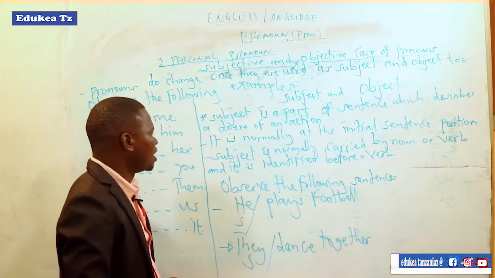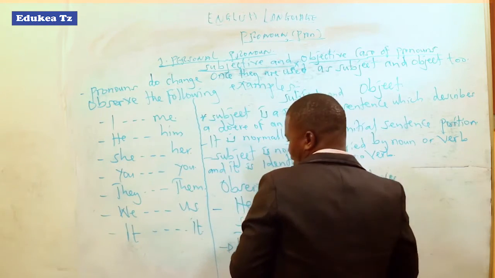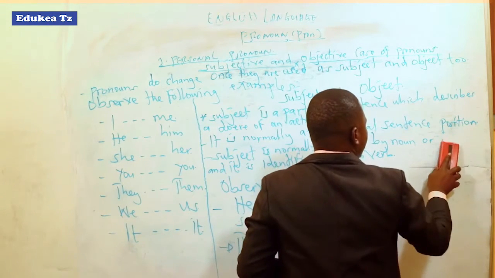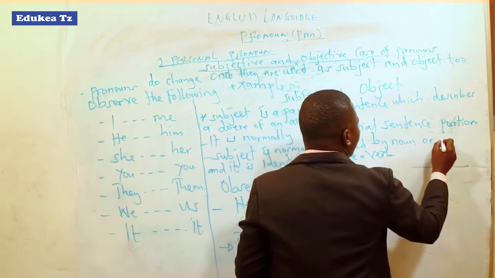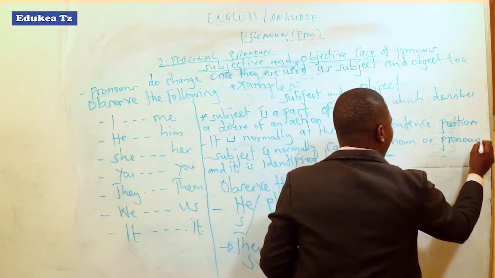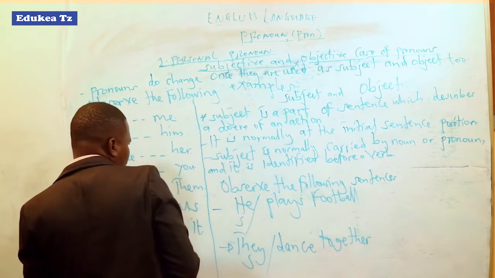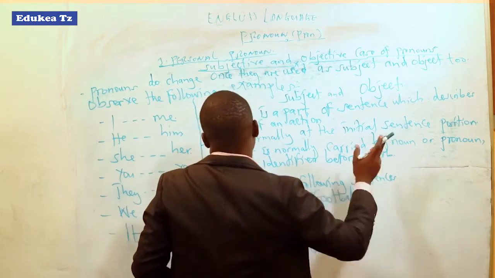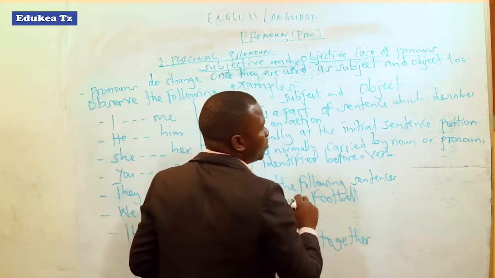The subject is normally carried by a noun or a pronoun, and not a verb. Normally the subject is carried by a noun or pronoun and it is identified before a verb.